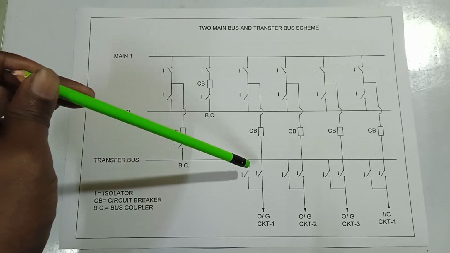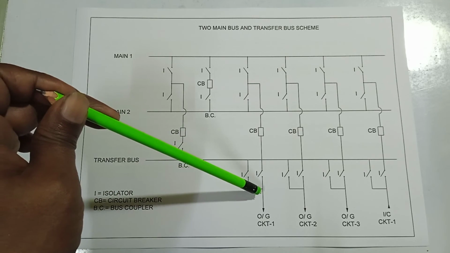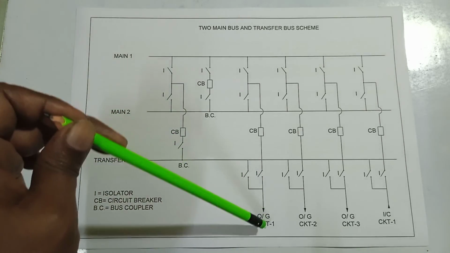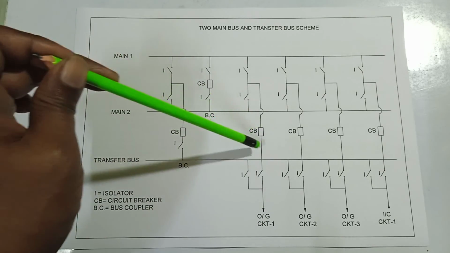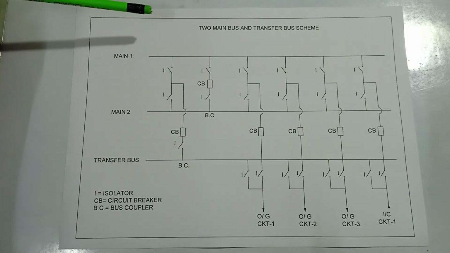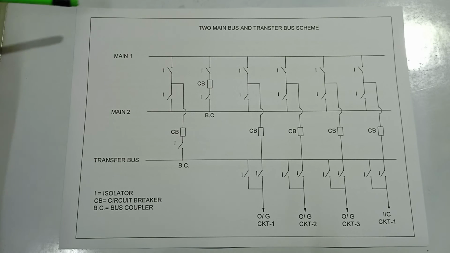Here it goes, and here it goes to the outgoing circuit in this path. This breaker is off for maintenance. The system is called the two main bus and transfer bus scheme. This is extensively used for 400 kV substations.